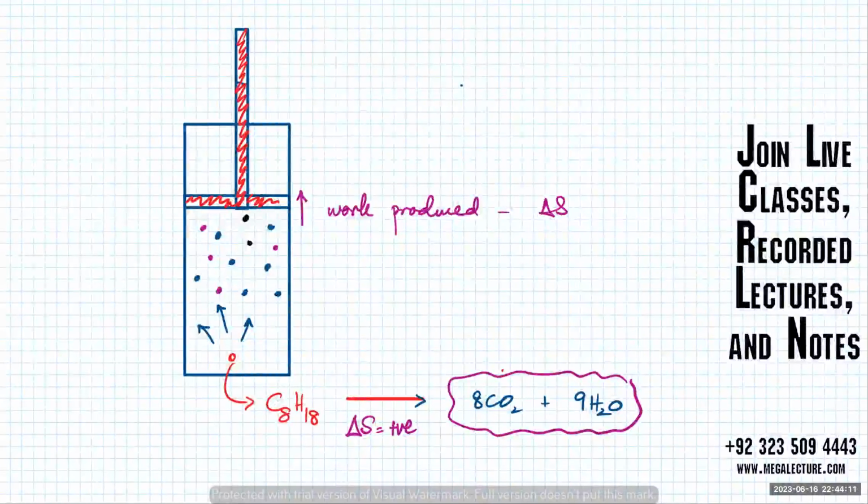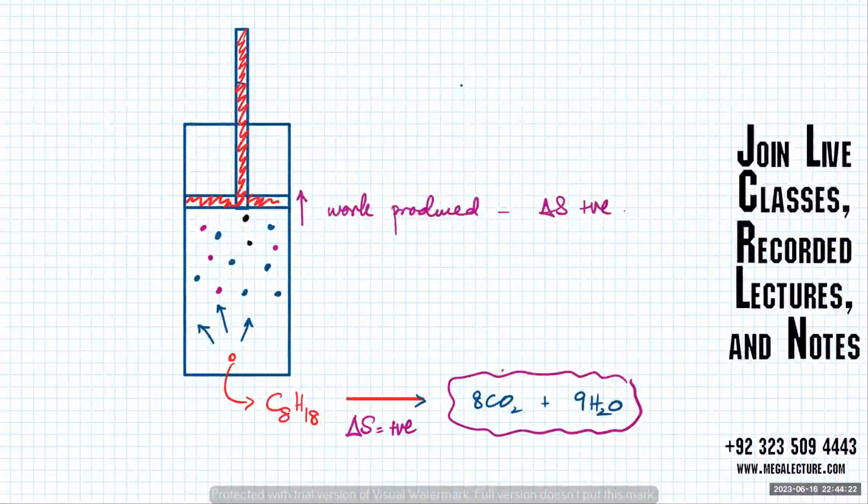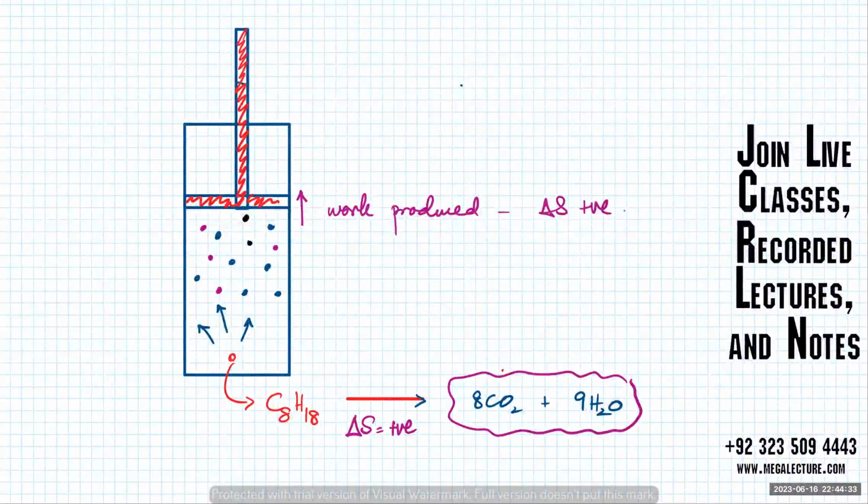And when is work produced? When delta S is positive. So most of the things around you actually work on delta S. They don't really work on delta H. Burning a match doesn't really do anything, but burning a firecracker produces a lot of disorder and a lot of work. An explosion produces a lot of disorder, or in other words, it creates a lot of work. Is this clear? That's why delta S being positive is important.